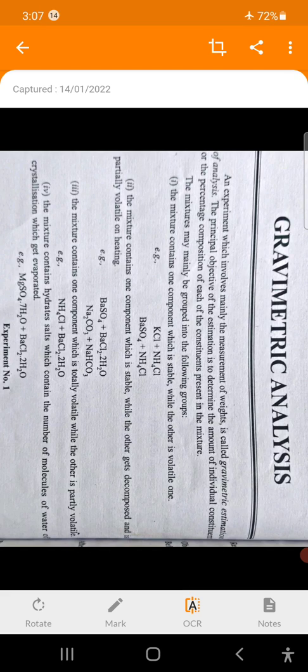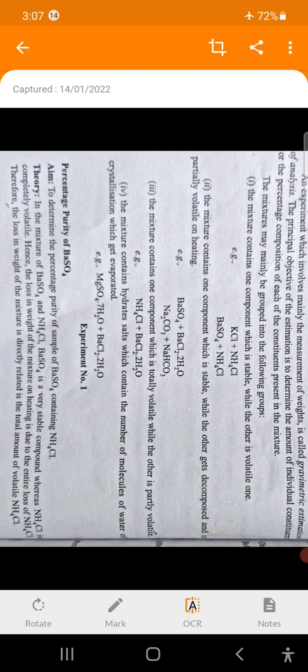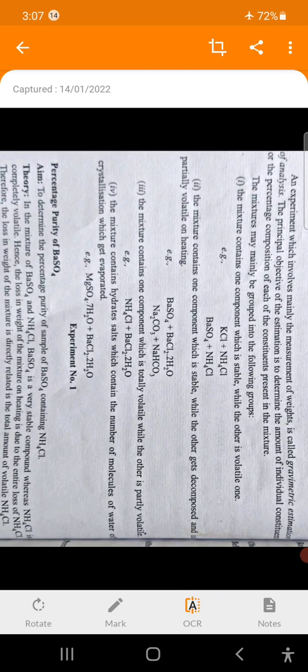You have to measure and calculate experimentally the exact amount of BaSO4 and NH4Cl in the given mixture. This is the aim of your experiment.